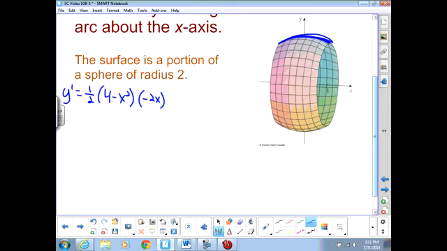When we neaten that up, -2x times 1/2 will be -x times (4 minus x squared), and this should also be to the -1/2 now. So that's really -x over the square root of 4 minus x squared.